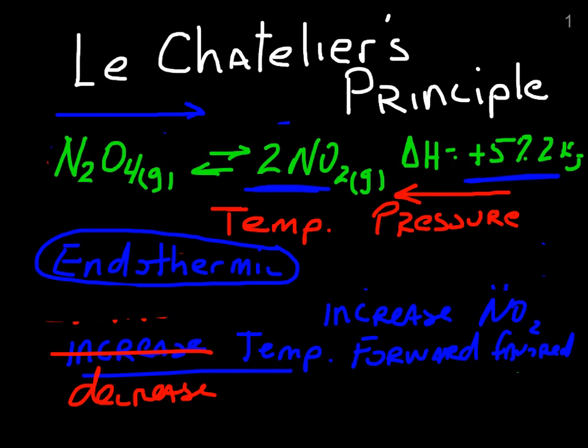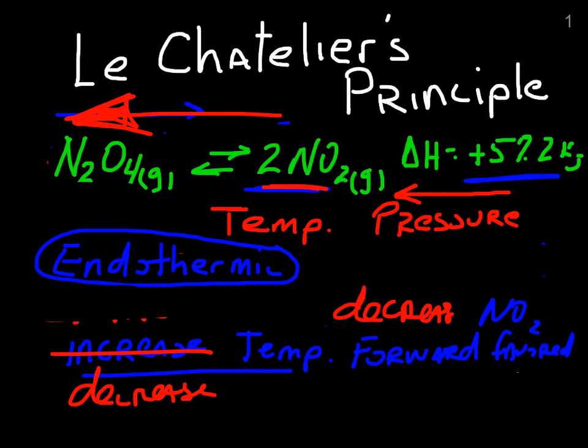So there's going to be a decrease in the amount of NO2, because what I've done now is I've shifted this equilibrium in this direction. Because I'm decreasing temperature, it will no longer be the forward reaction that's favored. It's going to be the reverse reaction that's favored.